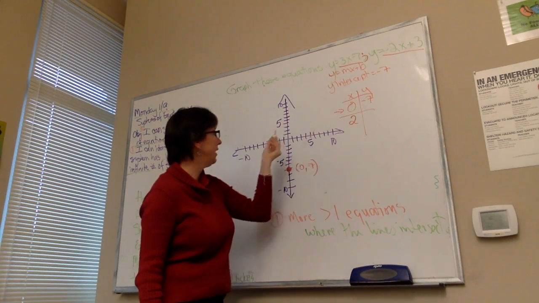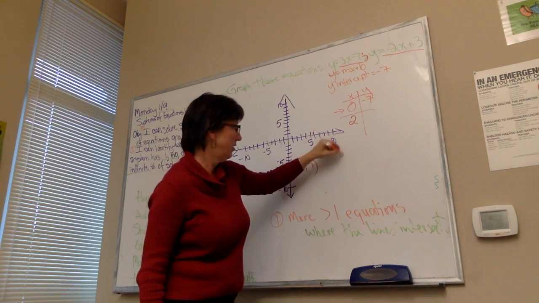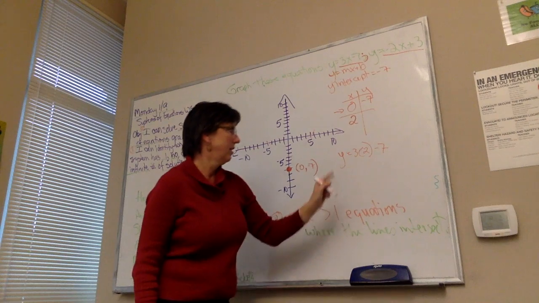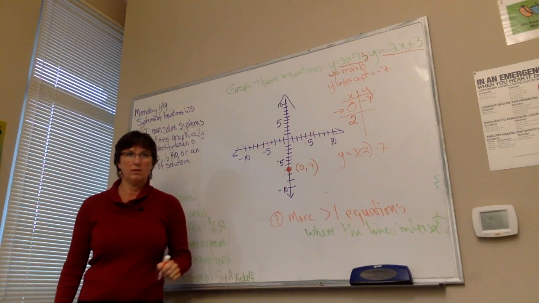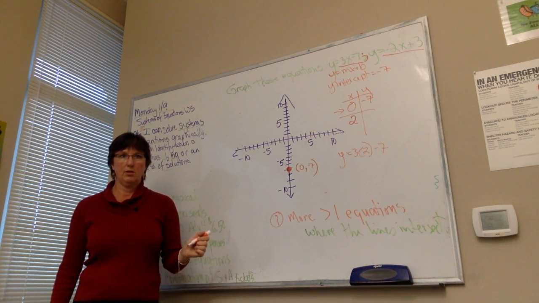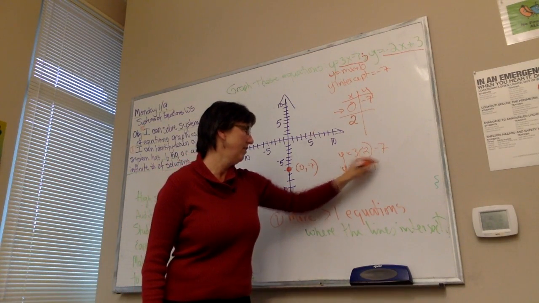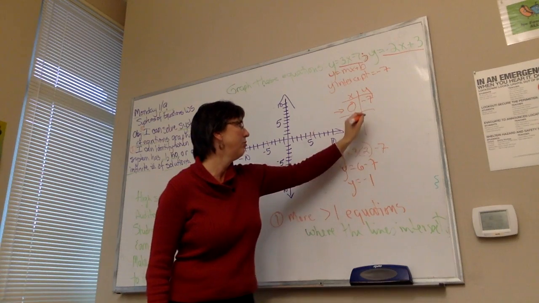Okay, so let's plug in x is 2. So y is equal to 3 times 2 minus 7. Can you solve for y in this particular example? Yeah. So y is equal to 6 minus 7, or y is equal to -1.